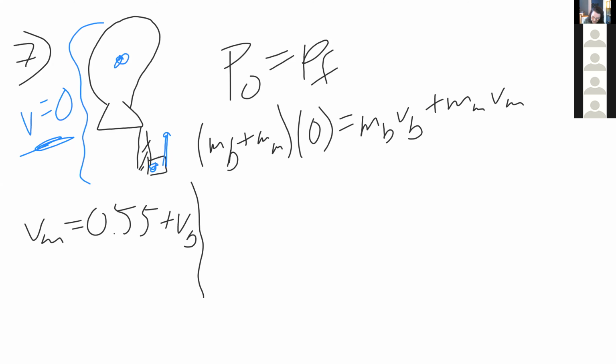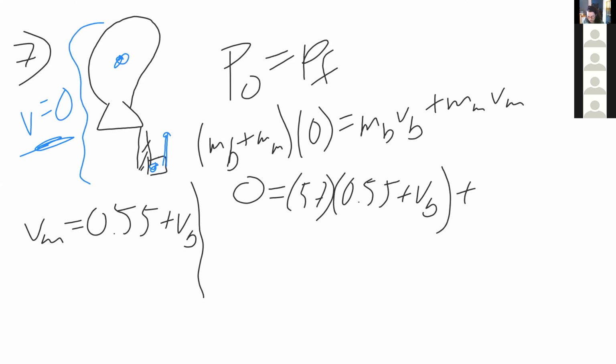On the left-hand side, as I mentioned, is equal to 0. On the right-hand side, I have the mass of the man, which is 57, times 0.55 plus the speed of the balloon. And then the mass of the balloon times the velocity of the balloon. My mass of the balloon is 260, and the velocity of the balloon is just v sub b.